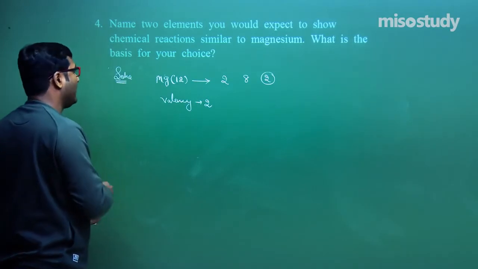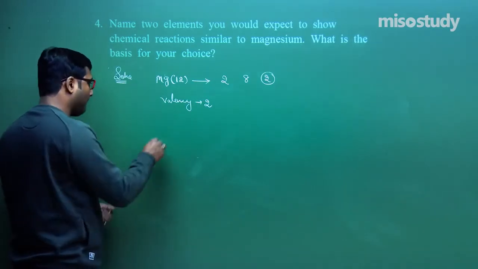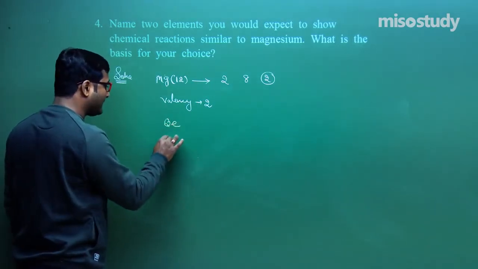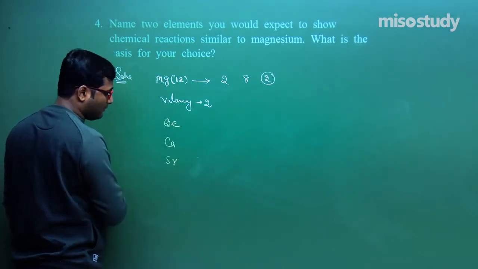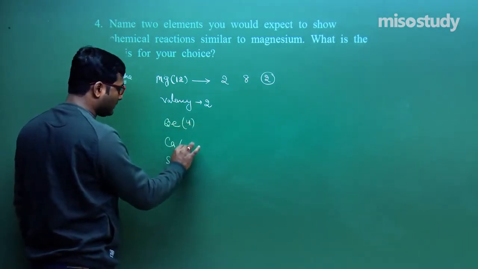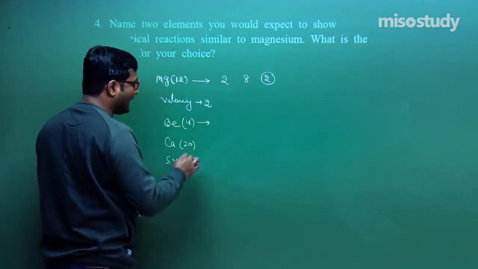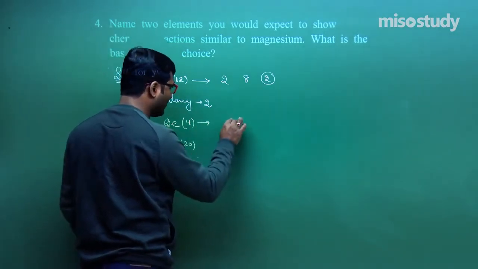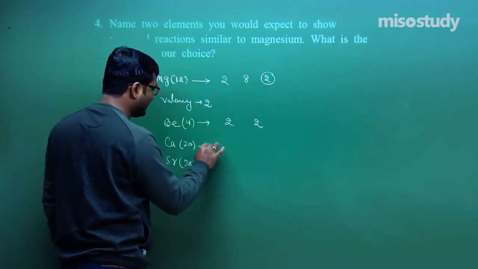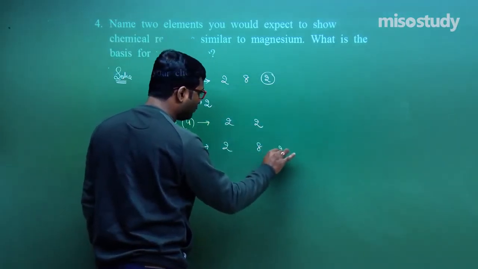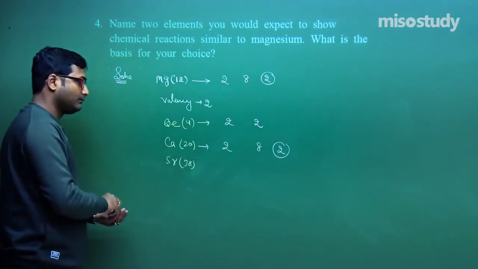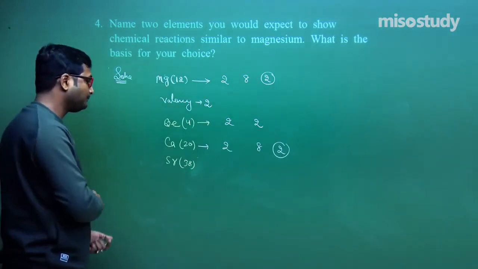Clear? Okay. If I take beryllium, calcium or strontium, what we observe is that the electronic configuration of beryllium is written like this, 2 and 2, and calcium 2, 8, 8, 2, and strontium also similarly.